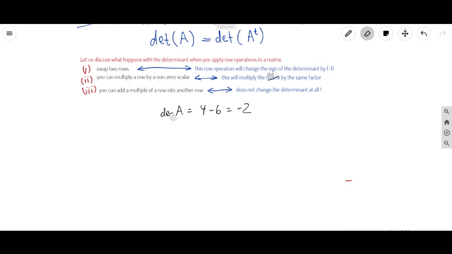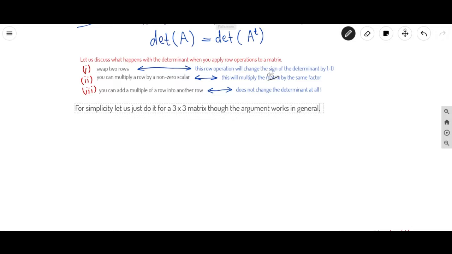And for simplicity, let us just do it for a 3 by 3 matrix, though the argument works in general. It's just easier to write out because you only have 3 things. Once you understand why it works for 3 by 3 matrices, you will see why it works for any matrix.